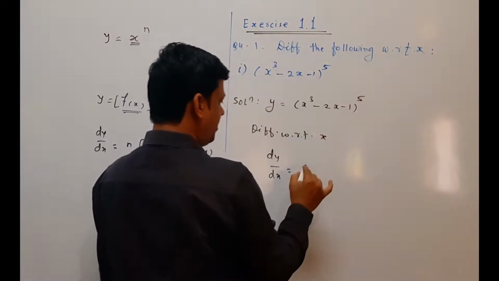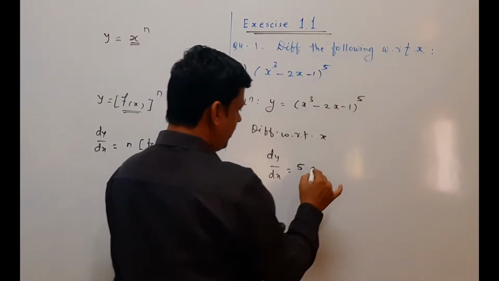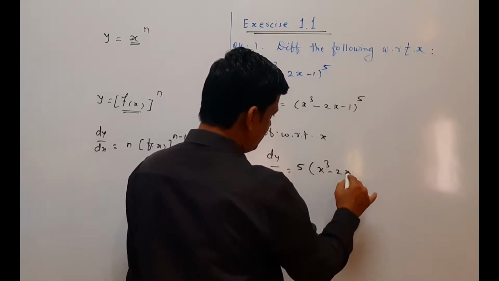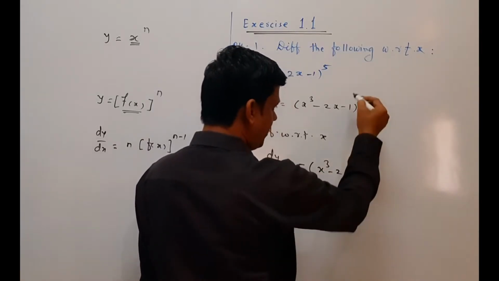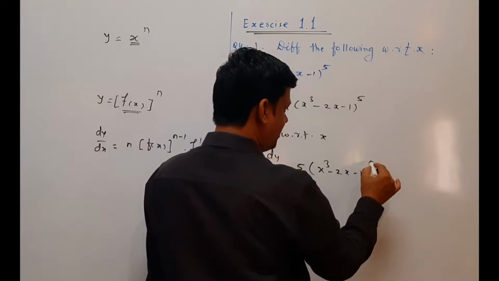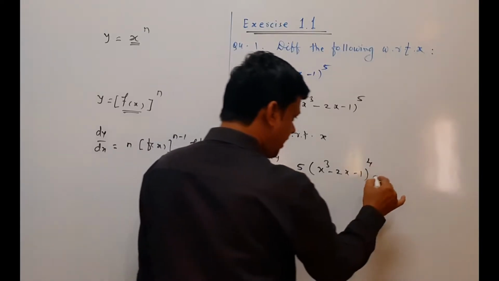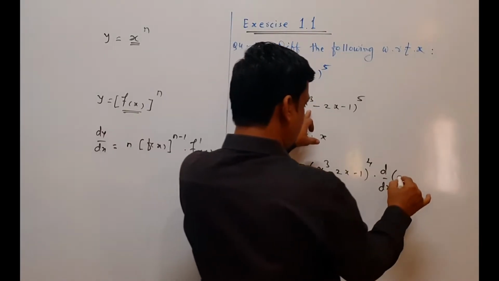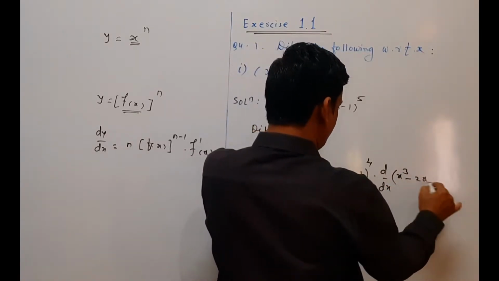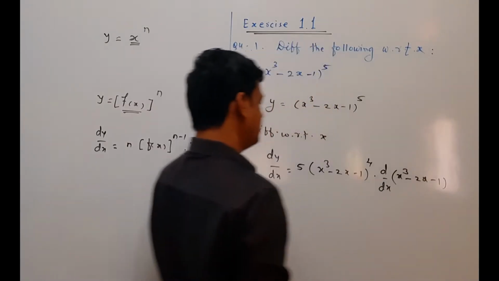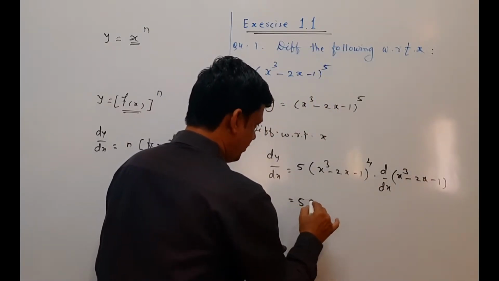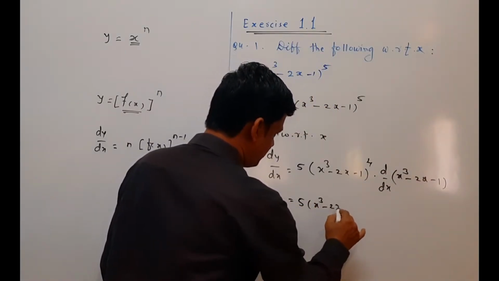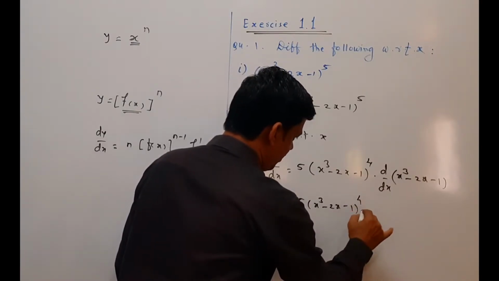So we write the power in multiplication: 5 into (x cube minus 2x minus 1), and we reduce the power by 1, so we write 4, into d by dx of this bracket, x cube minus 2x minus 1. So we write here 5 into (x cube minus 2x minus 1) raised to the power 4.